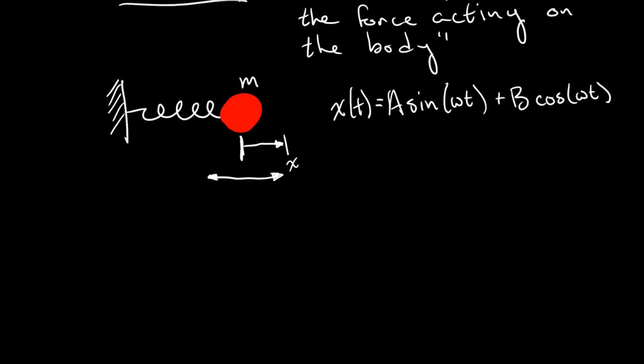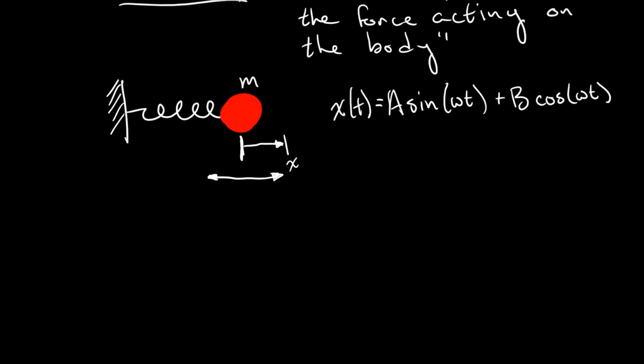And omega is the frequency, so essentially how fast this thing oscillates back and forth. Okay, so now I want to find the force that the spring exerts on the mass at any given time.